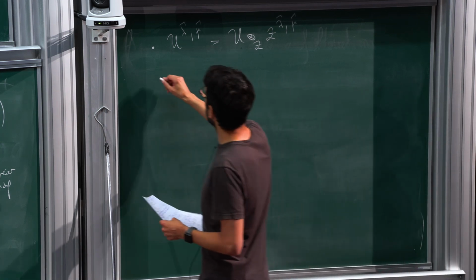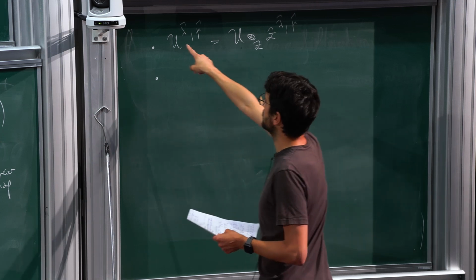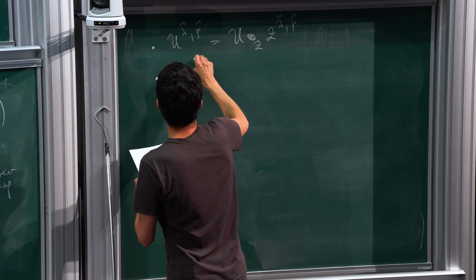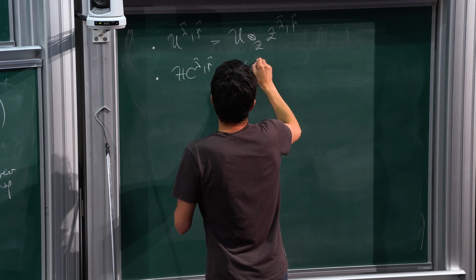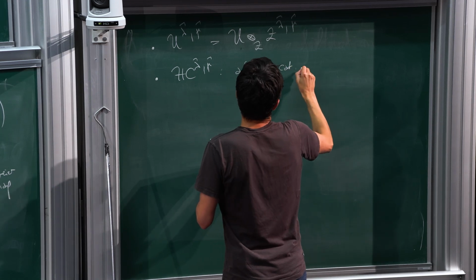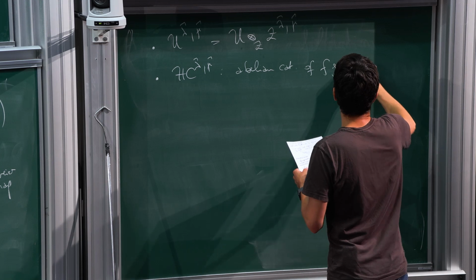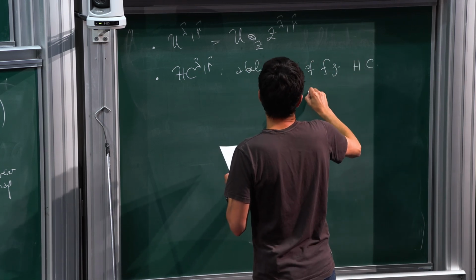And finally, I want a version of Harish-Chandra bimodules for this algebra here. So I will denote by HC lambda hat mu hat the abelian category of finitely generated Harish-Chandra U lambda hat mu hat modules.